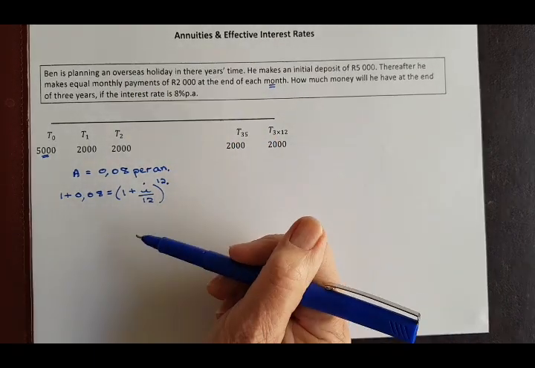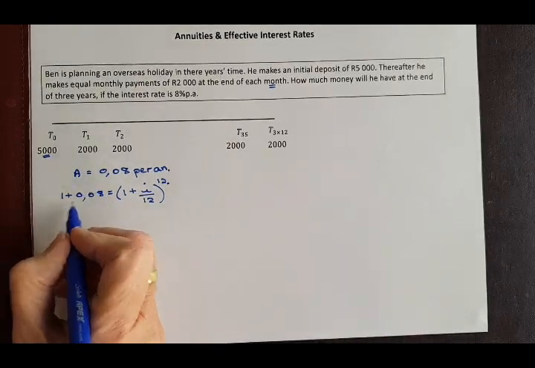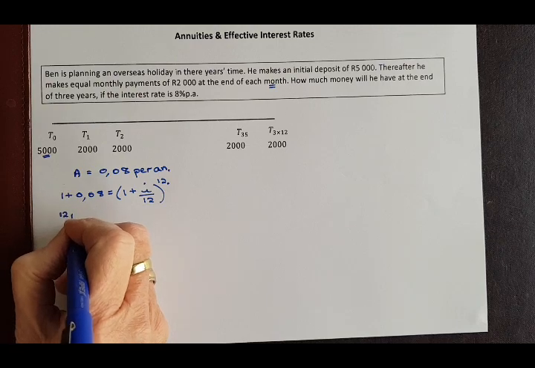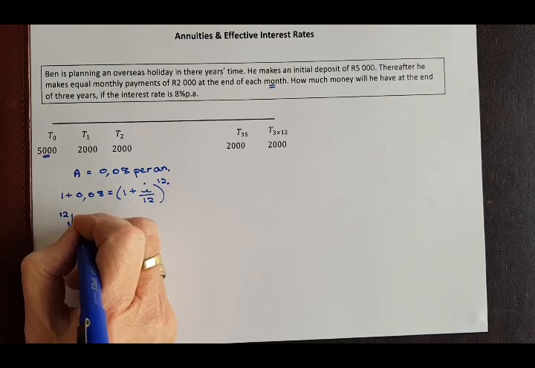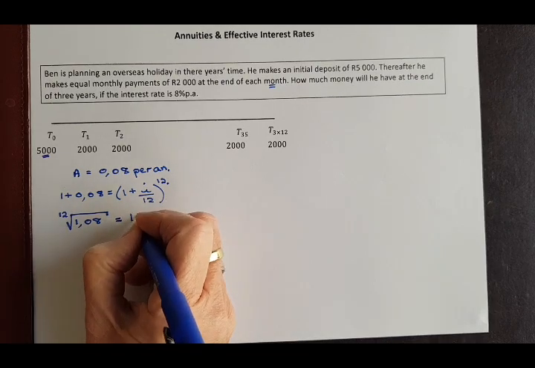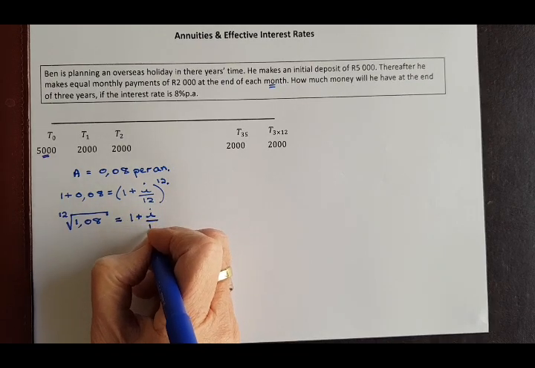All right, so here when I solve this equation, I get the 12th root of 1,08 is equal to 1 plus I over 12.